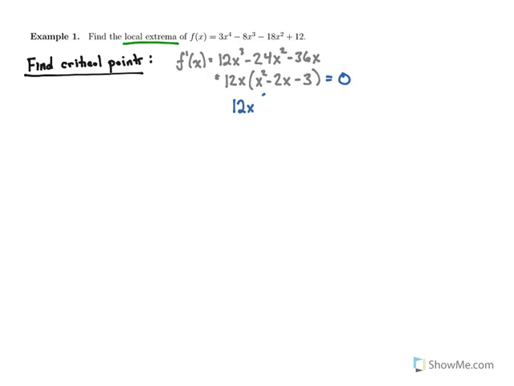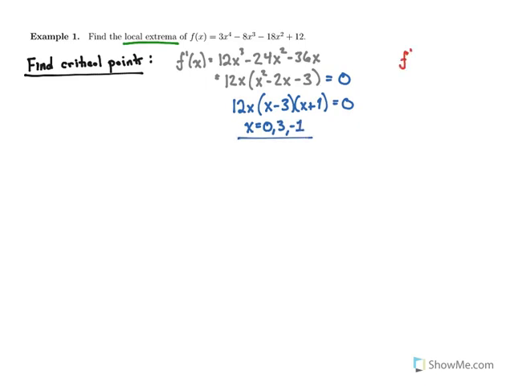When we're factoring x squared minus 2x minus 3, we can factor into x minus 3, x plus 1. And when we set this equal to 0, we get 3 critical points: 0, 3, and negative 1.